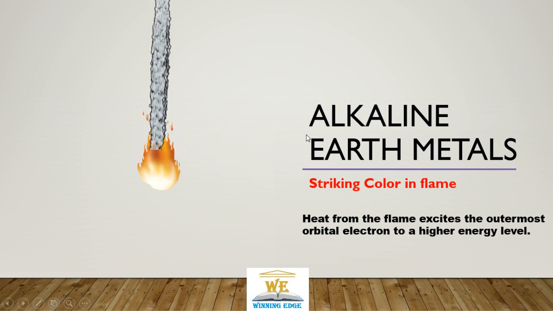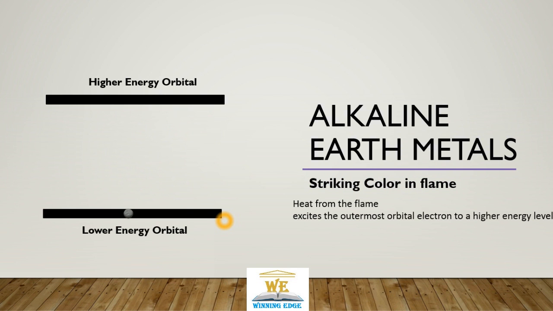Again, just like alkali metals, here we see the same striking colors in flames for alkaline earth metals. The concept is the same. Excitation is from lower energy states to higher energy states on exposure to heat. That's what we see, striking colors. Heat from the flame excites lower energy orbital electrons from alkaline earth metals to higher energy states.